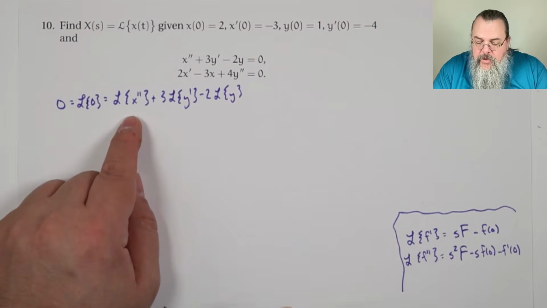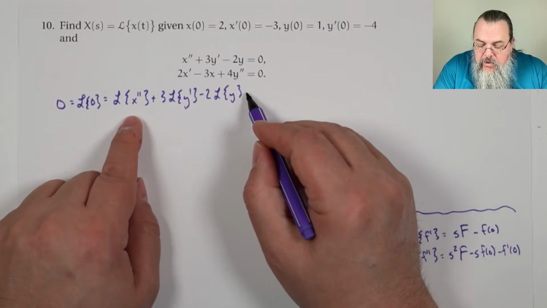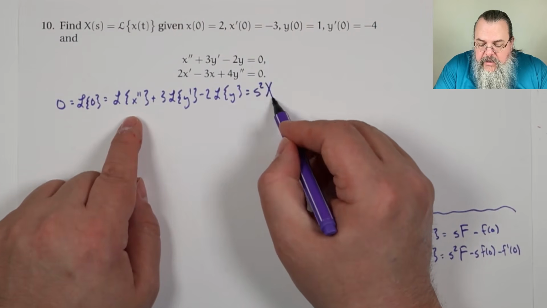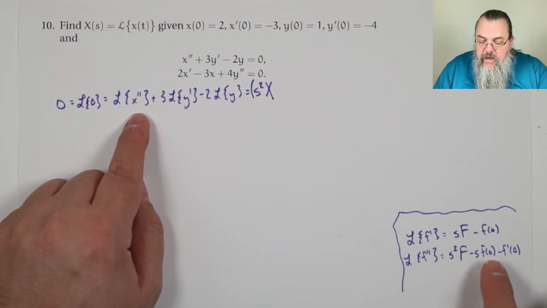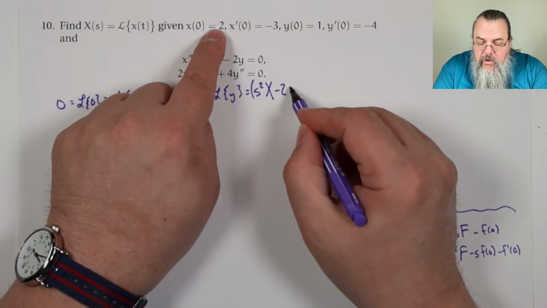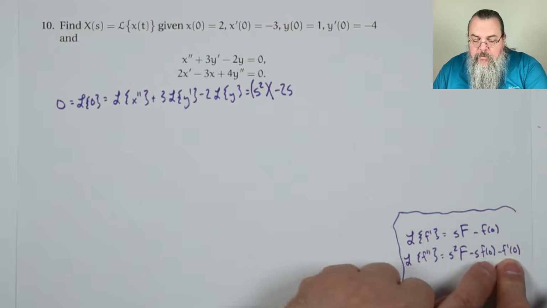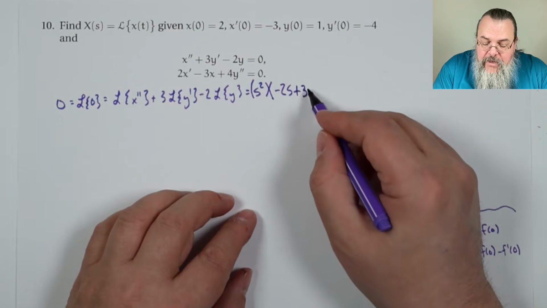Well, what do we do with our x double prime? Well, f is x. So that would be s squared capital X minus s x of 0, so minus 2s, minus f prime 0, or x prime 0, minus 3, so plus 3.